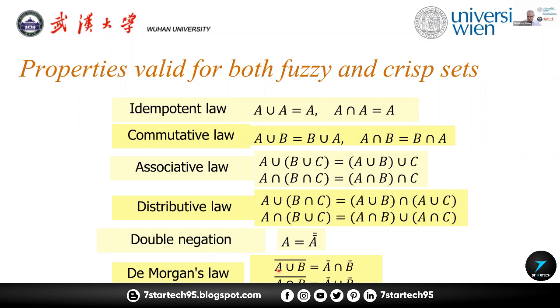In other words, complement of (A union B) is equal to complement of A intersected with complement of B. And of course, the same holds for the intersection: the complement of the intersection of A and B is equal to the union of the complement of A and the complement of B. So these laws or properties are all valid for both crisp sets and for fuzzy sets.